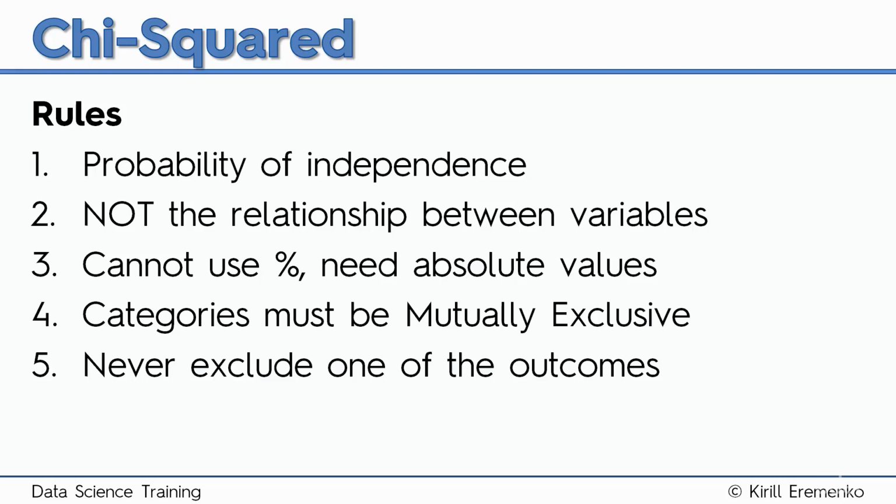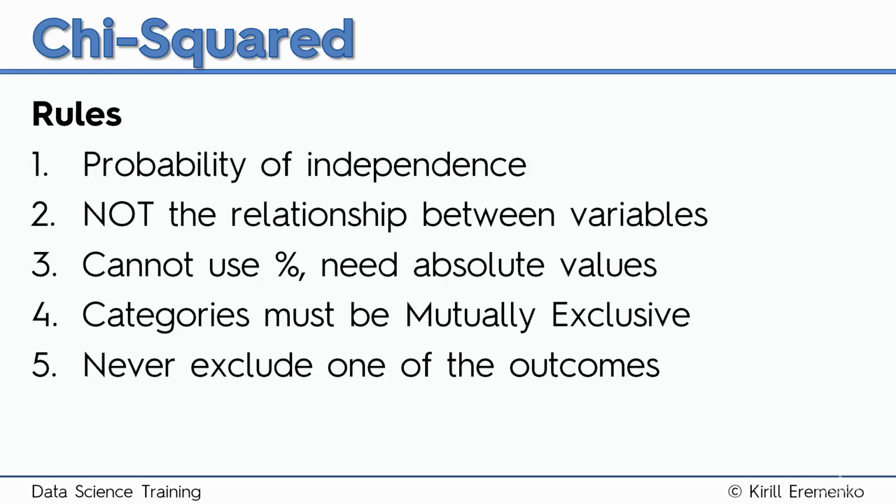So three different political preferences, right? And you can't be two of them at the same time. They're mutually exclusive because you can only vote for one. And at the same time, there's three of them. So what this rule is saying is that if you have three outcomes, you should never exclude one of them.